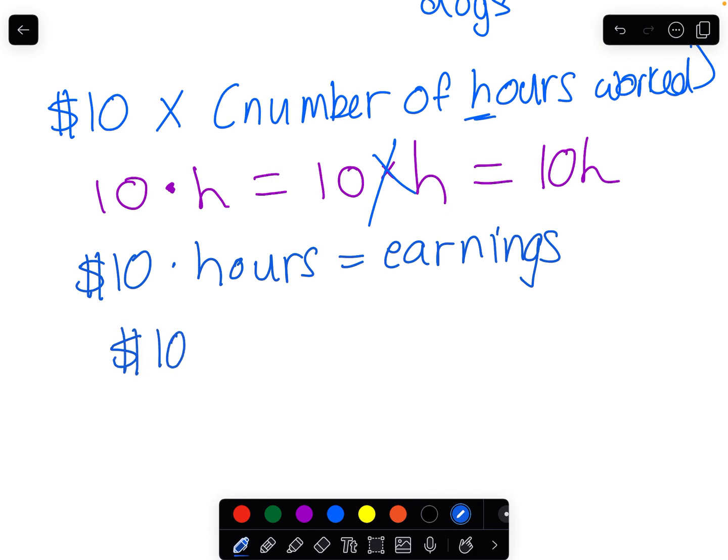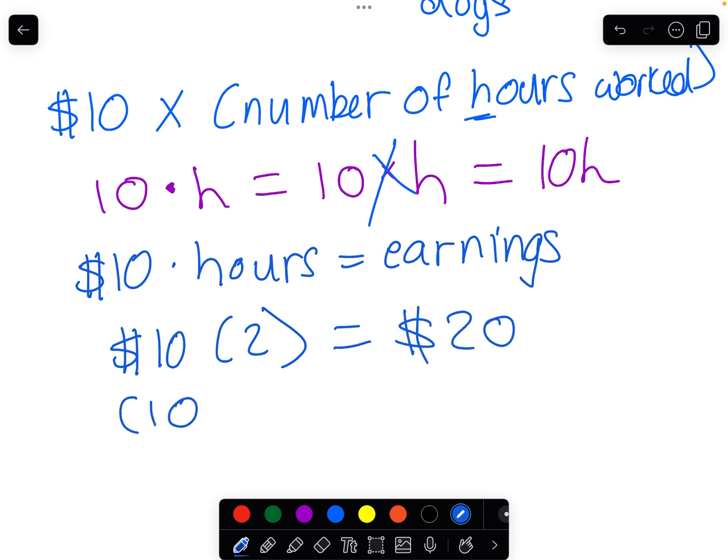So if Sandy works 2 hours, we would do 10 times (2). Notice I'm putting the 2 in parentheses because I don't want to put an X there since I'm working algebraically. That means she's going to make $20. Now, if she worked for 3 hours, she would make $30. Makes sense, right?